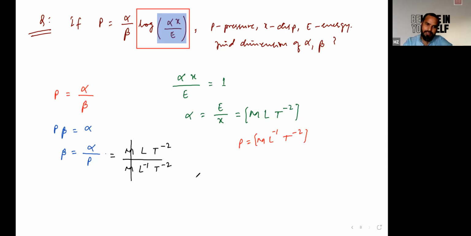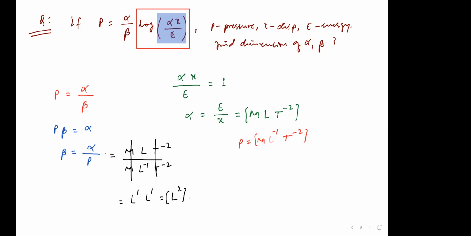This m and m cancel out. This T and T cancel out. Since this L is in the denominator, on bringing it to the numerator, it becomes L to the power 1 and L to the power 1, so it becomes L to the power 2. Is it clear to everyone? Yes, sir. Safan, any doubt?